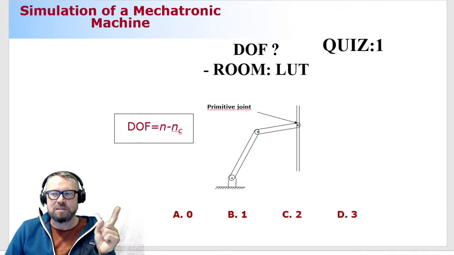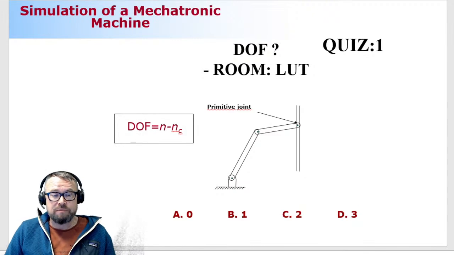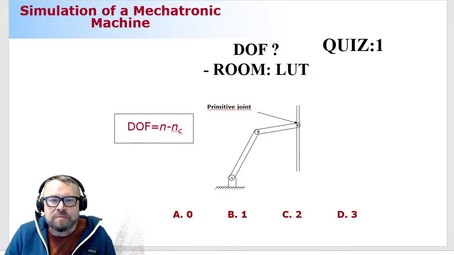It's not that everybody needs love, but everybody needs 3 generalized coordinates. So that's how much 1 body needs. How much do 2 bodies need? All right. Then revolute joints need 2 constraint equations, and a primitive joint needs 1. So that's your math.